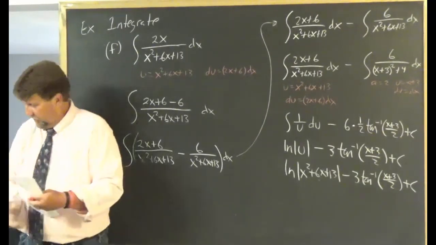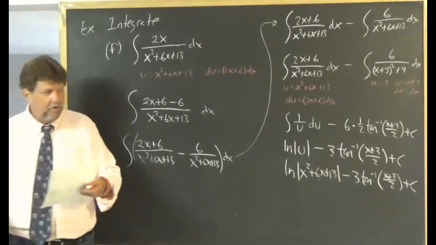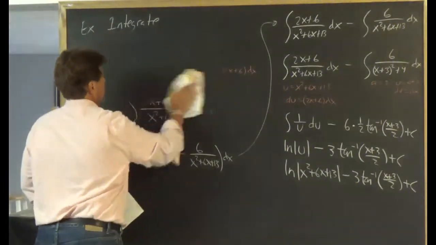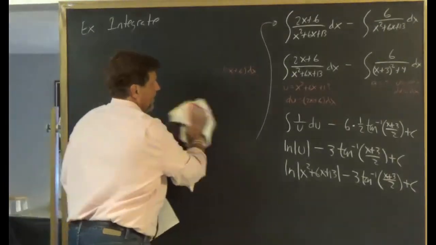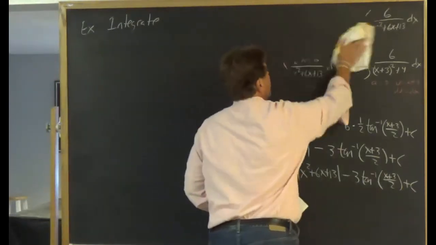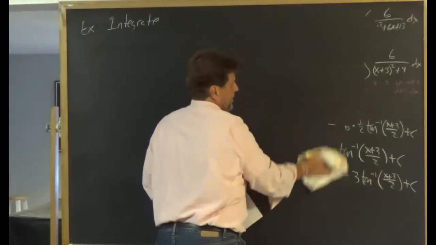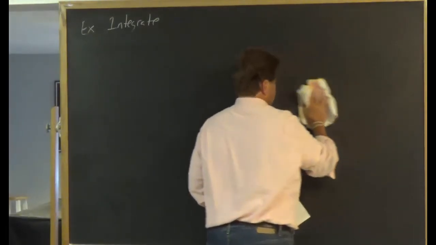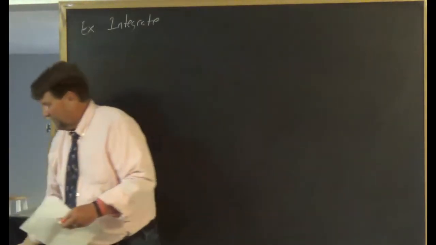Two more parts. Part G. Oh boy, let's erase this. So bear with me as I erase. I like that example. That's a good one. Had a lot of good stuff embedded in it.